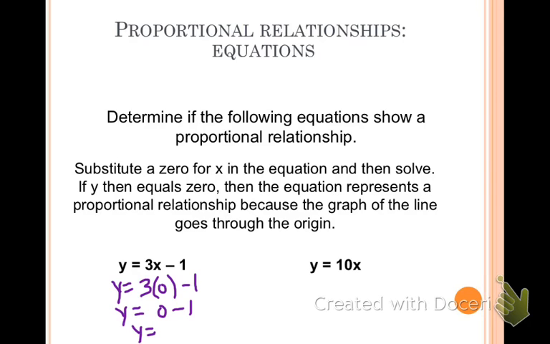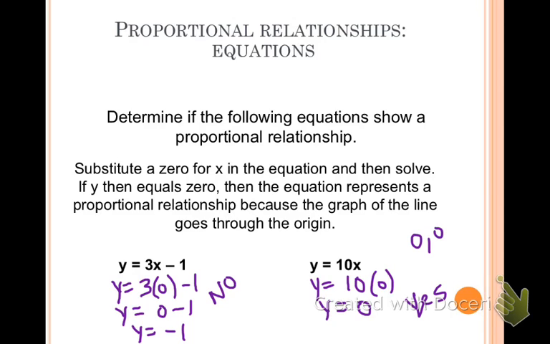And since we get y is equal to -1 and not 0, this is not proportional. Here, when we substitute in the 0, we get y is equal to 0. And so therefore, you have the ordered pair (0, 0), which means this would go through the origin, and it is a proportional relationship.